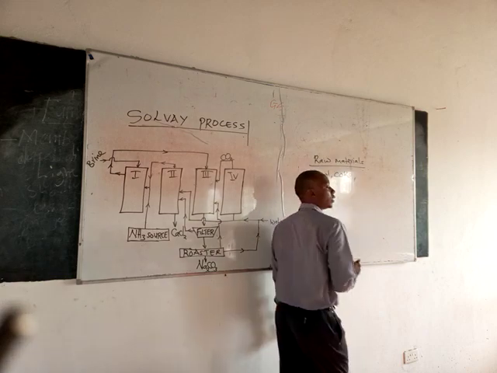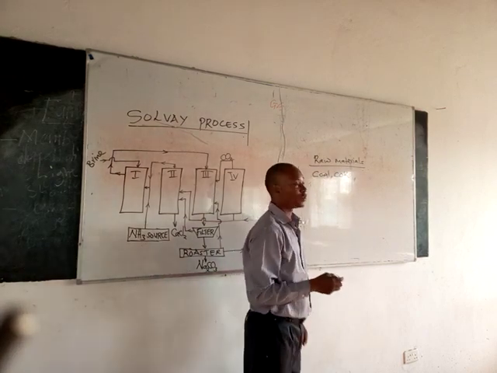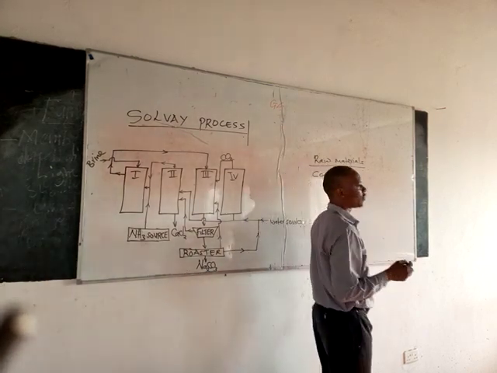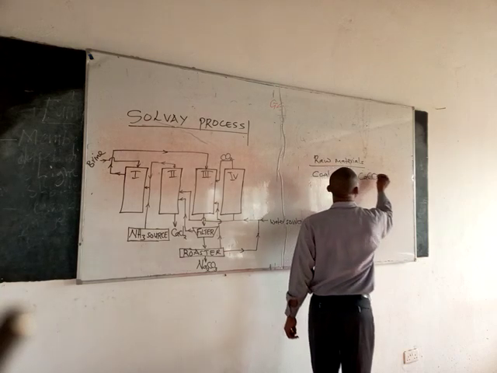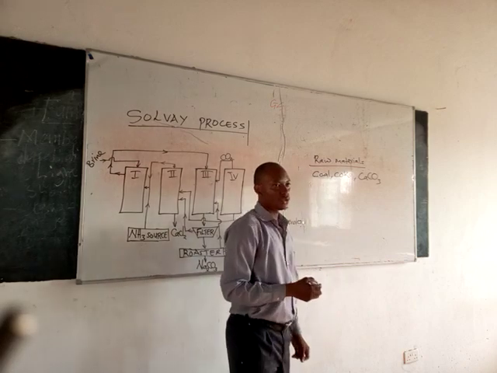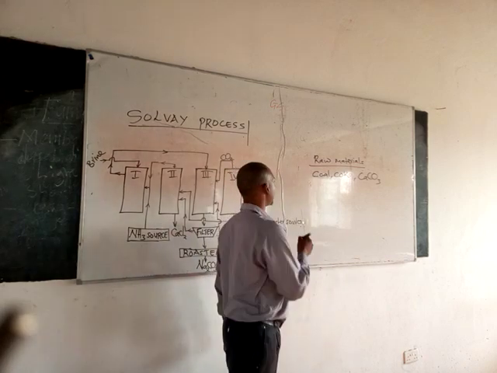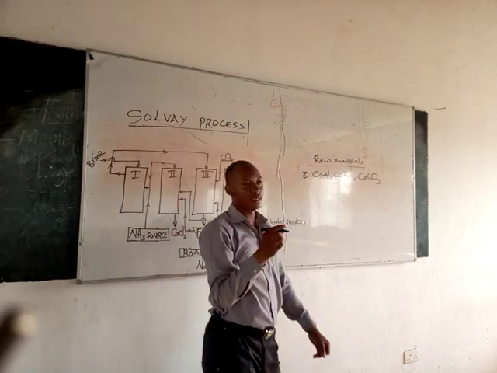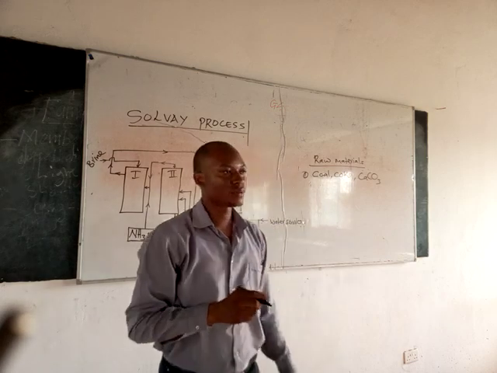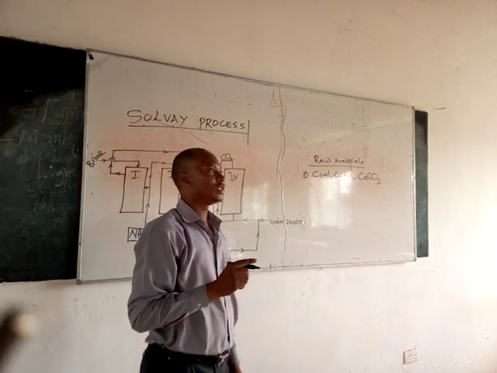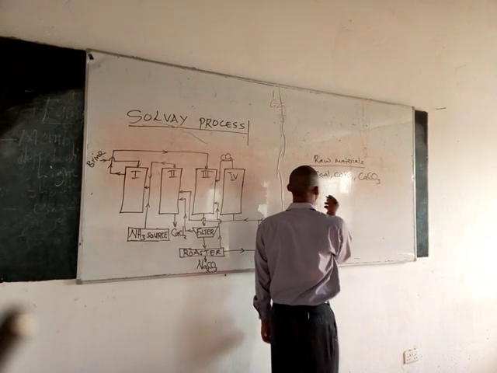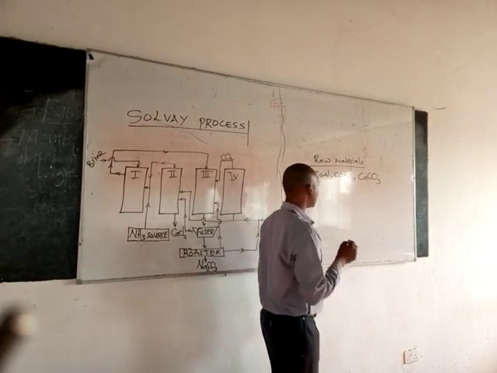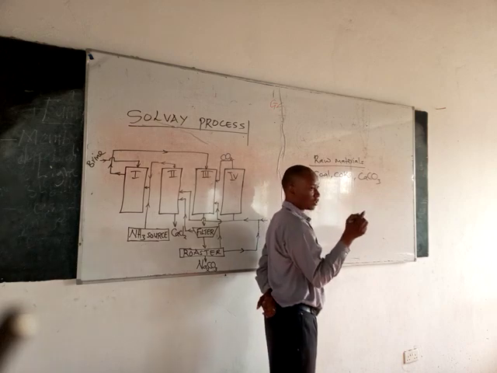And we have limestone, or the chemical name of limestone is calcium carbonate. So we also have limestone or calcium carbonate. All these three raw materials are going to help us generate carbon 4 oxide, and they generate carbon 4 oxide this way.